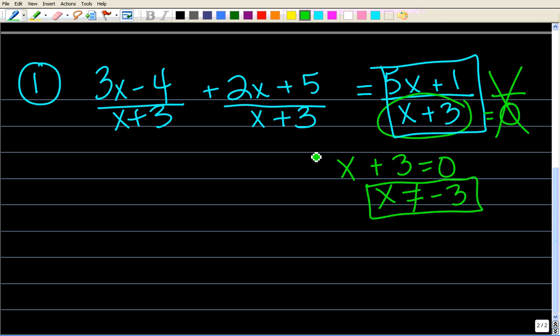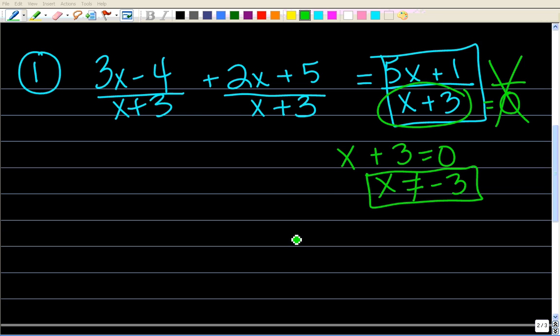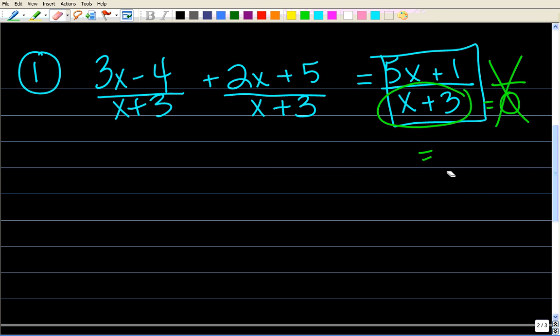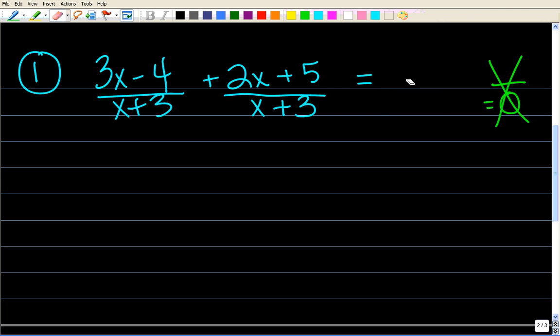Let's move on to something that does not have a common denominator. Actually, before we do that, let's talk about one thing. Say we go back in time here before we've figured out what everything is equal to, and instead of having addition, we make it subtraction. Our common denominator would still be x plus 3, but I think it's a good idea to distribute the negative, so I'm going to change this to a plus sign, and distribute the negative as I do so.